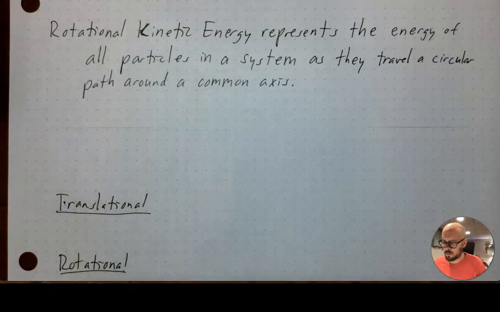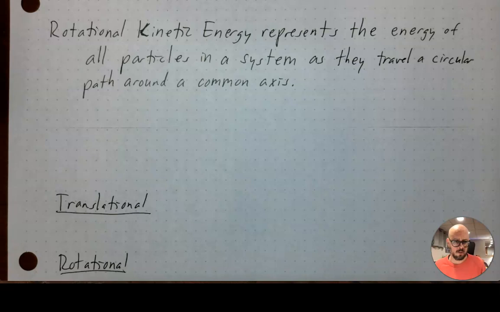Rotational kinetic energy represents the energy of all particles in a system as they travel a circular path around a common axis. So basically, every particle that's moving in a rotating object has translational kinetic energy, the 1/2 mv squared, because every object moves in a straight line over a short distance.